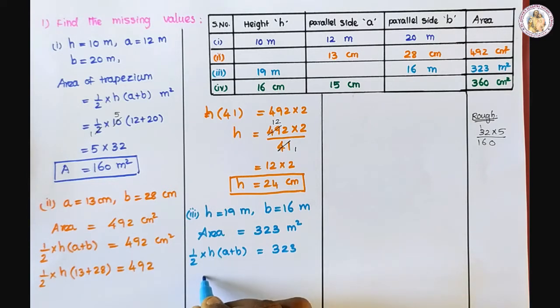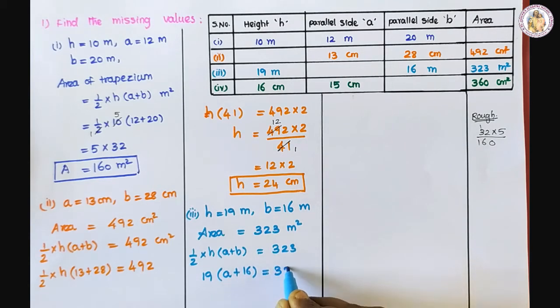What is h here? 19 into (a, we don't know a, plus b is 16) equals 323. Bringing the 2 to this side means multiplication. So a plus 16 equals 323 into 2 divided by 19, since 19 is in multiplication, bringing it this side means division.